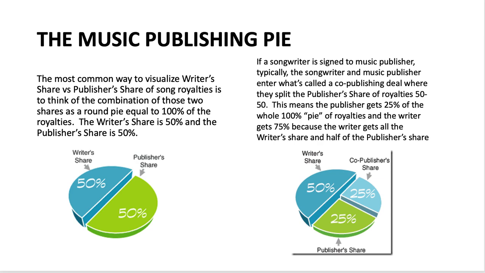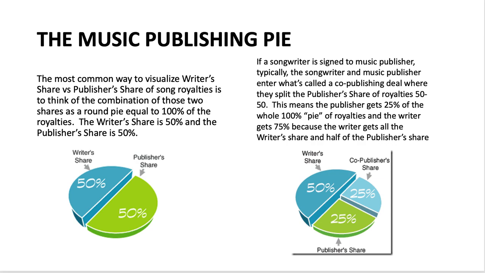So when it comes to performance royalties that you get through your PRO like ASCAP or BMI, or mechanical royalties that you might get paid from a record label or directly from the MLC, there's different shares that go to the writer and different shares that go to the publisher.